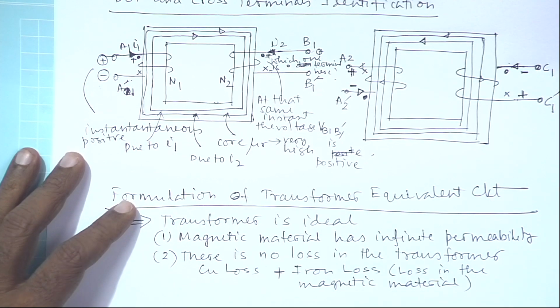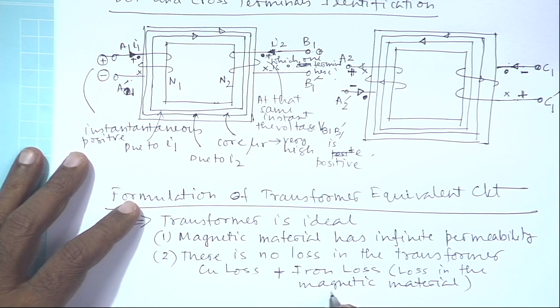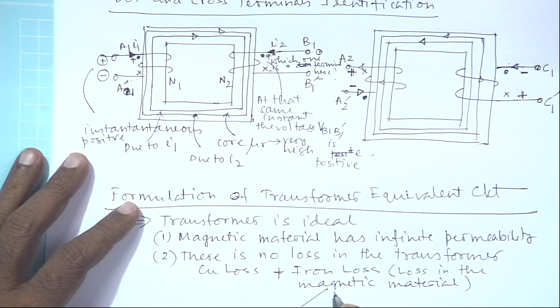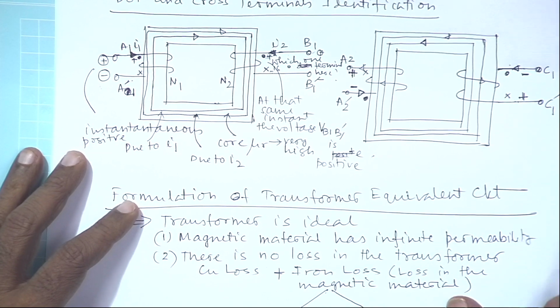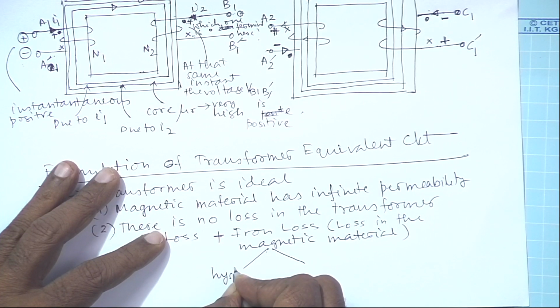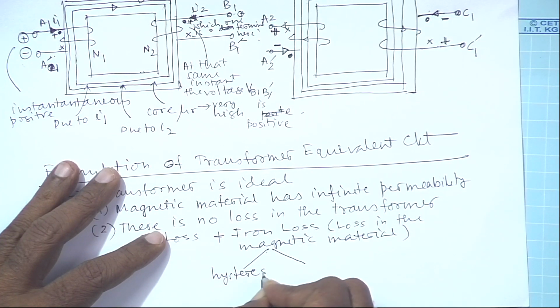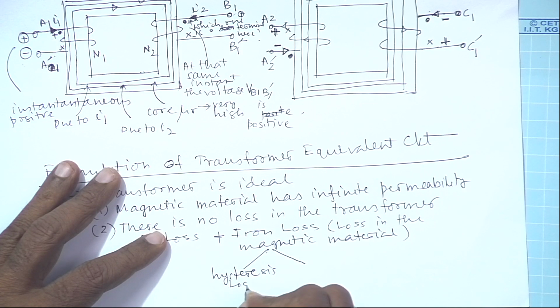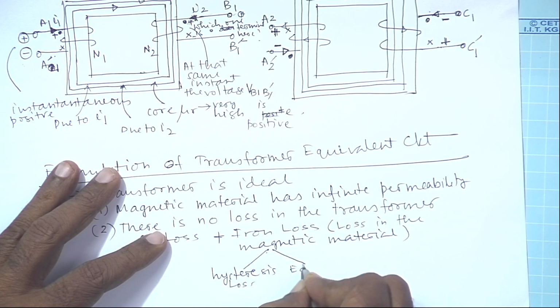We will later talk a little more about it, but at this moment it is enough to know that this loss also can be divided into two components: hysteresis loss and eddy current loss.